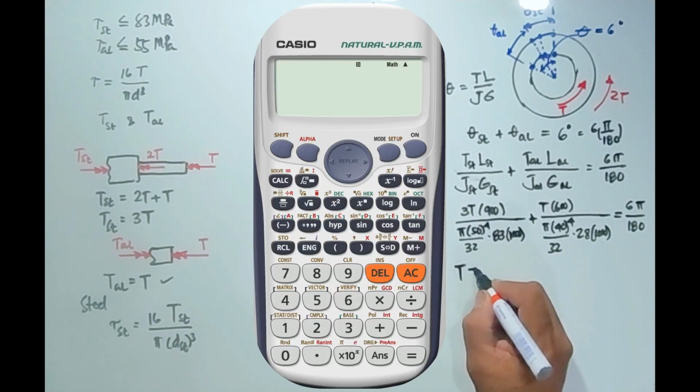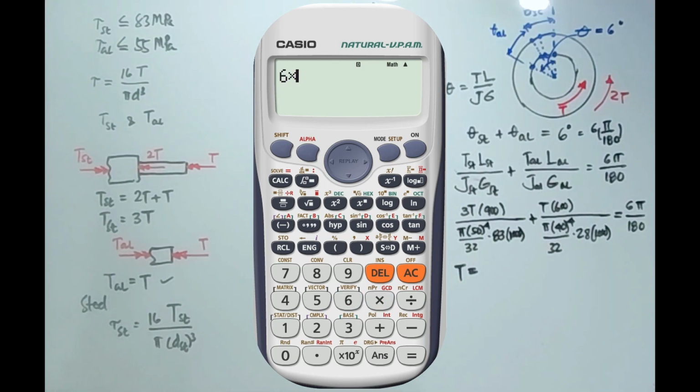So our T is 6 times pi divided by 180 divided by the quantity 3 times 900 divided by pi divided by 50 to the power of 4 divided by 83 divided by 1000 times 32.